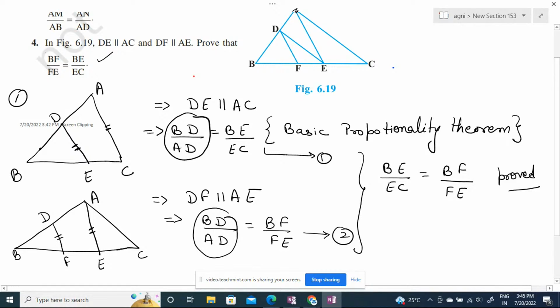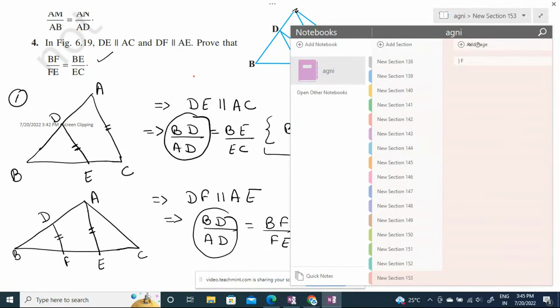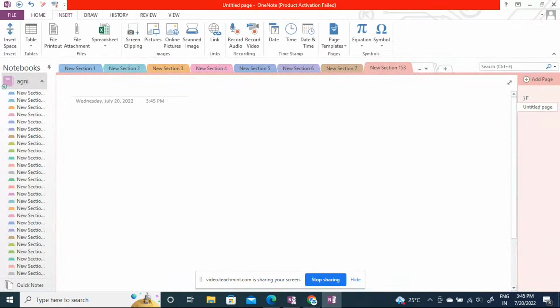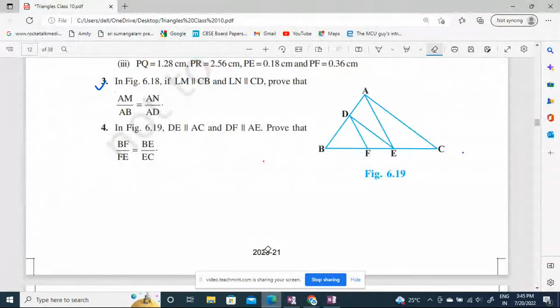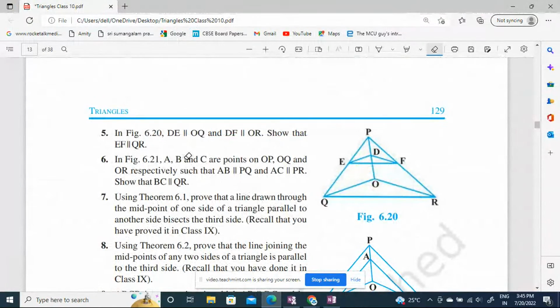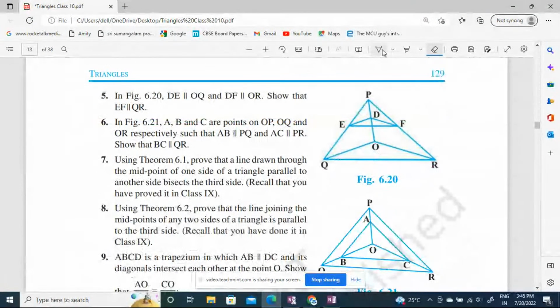Now the next question of this exercise. Question number 5, and figure 6.20. Now this is the figure which we have to look at for this question.